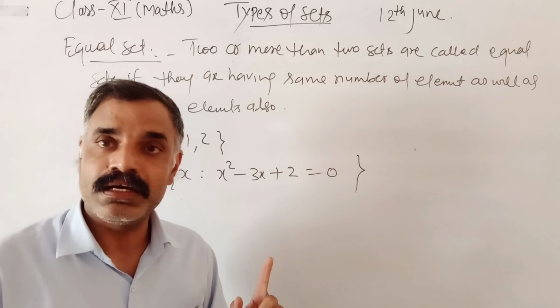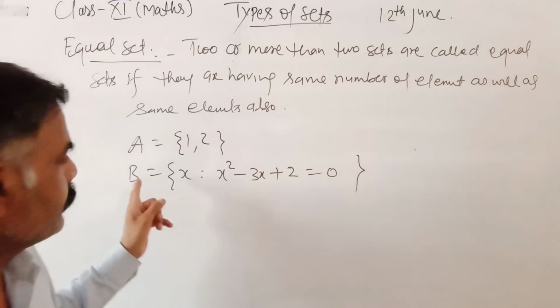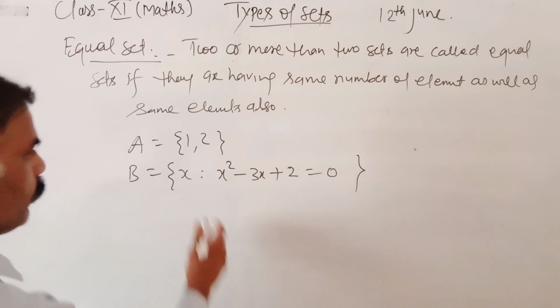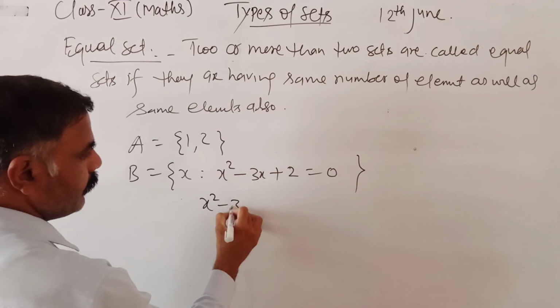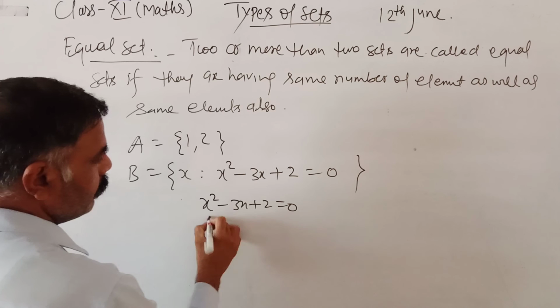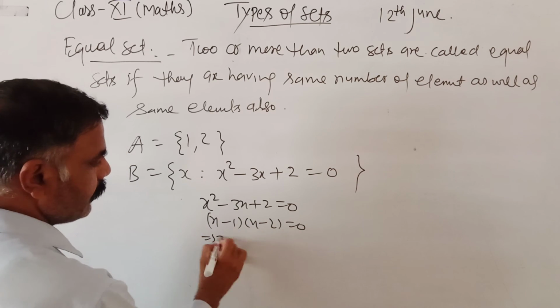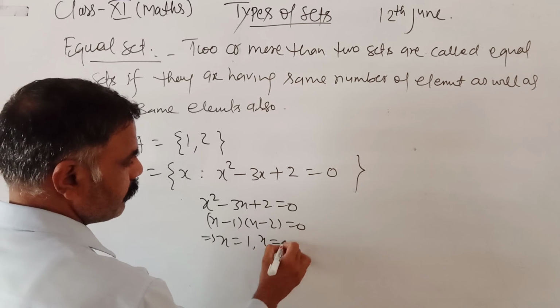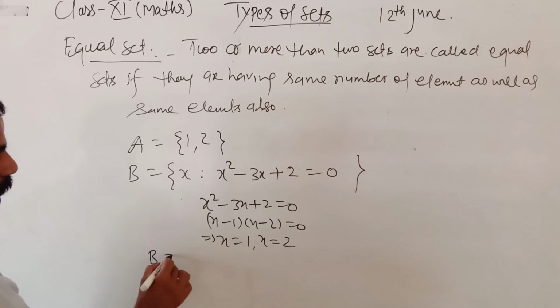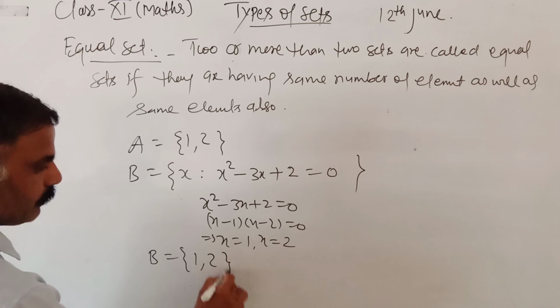Here we have to find the elements of set B. So x squared minus 3x plus 2 equals 0 gives (x minus 1)(x minus 2) equals 0, which means x equals 1, x equals 2. So set B is {1, 2}.